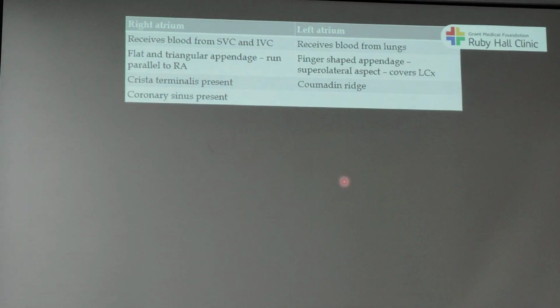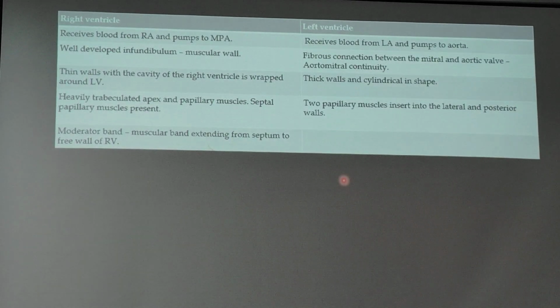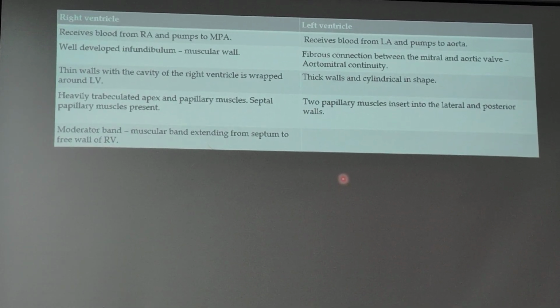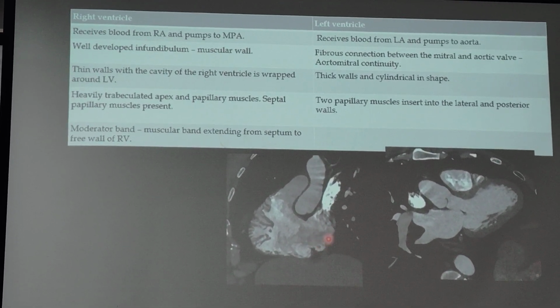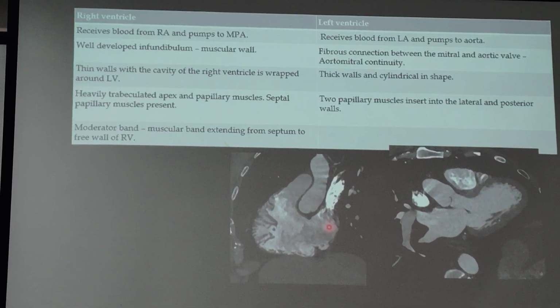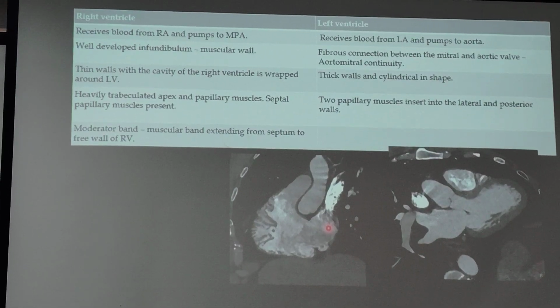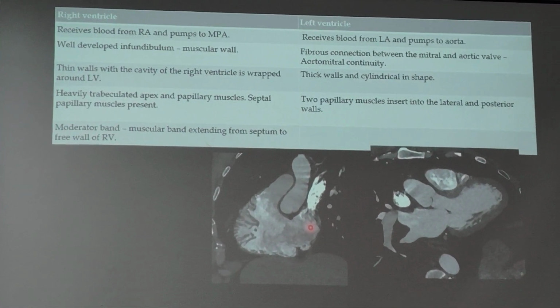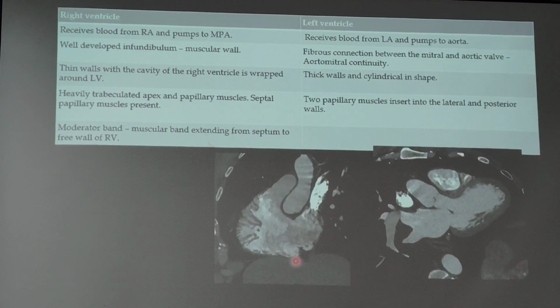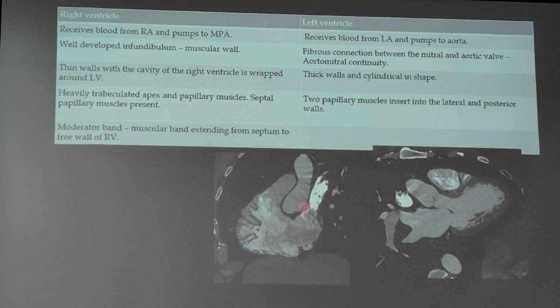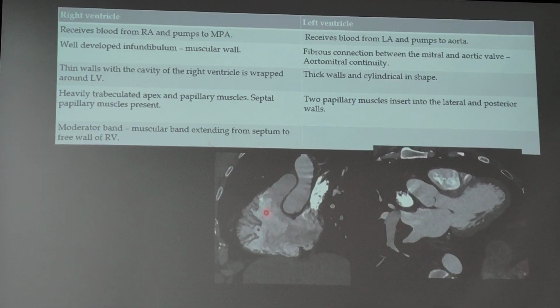Okay. Similarly, the differences between the right ventricle and the left ventricle: as we know, the right ventricle receives the blood from the RA. Now this is the reconstructed CT image that I showed you, which you can reconstruct in any manner. This is the same patient we saw, and I have reconstructed the images to learn the anatomy, where the right atrium is connected to the right ventricle and then the pulmonary artery is arising from the right ventricle, right?